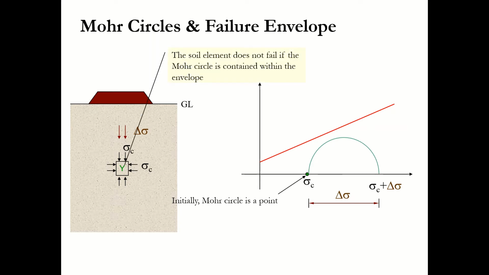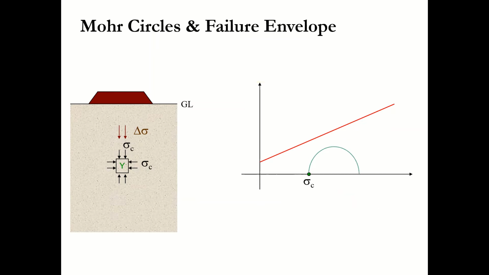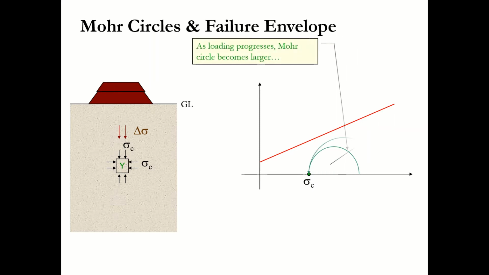Now it will not fail, because the Mohr circle of that point is below the Mohr-Coulomb failure line. And if we want to increase the height of the embankment, then what will happen? We are increasing the additional load, so our sigma 1 will increase further and the diameter of our Mohr circle will increase.